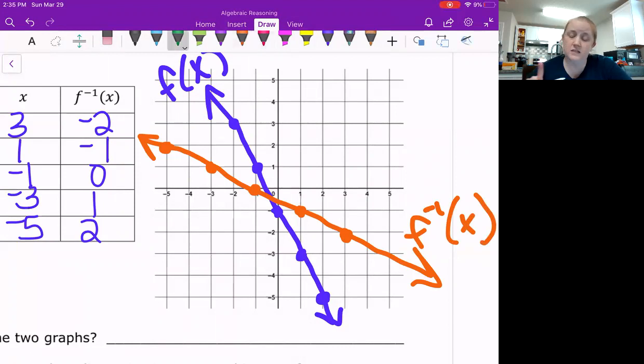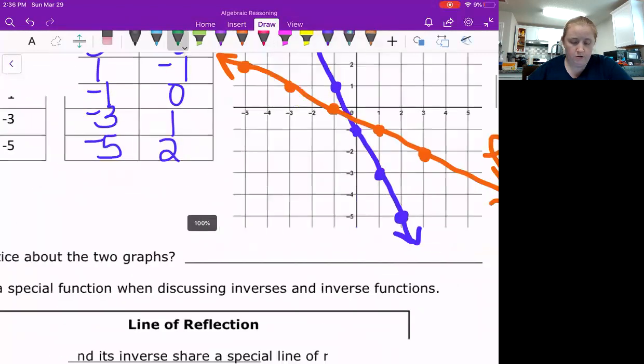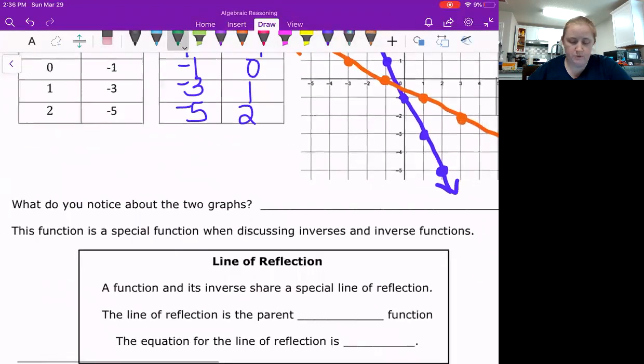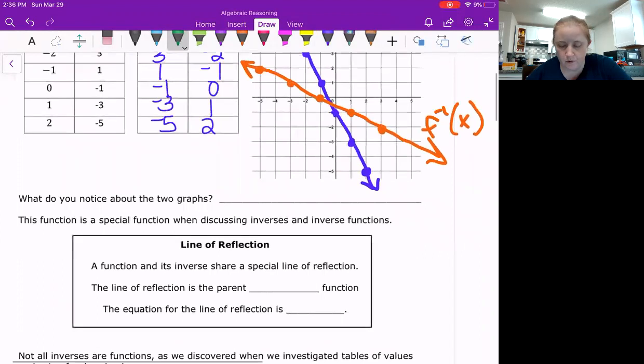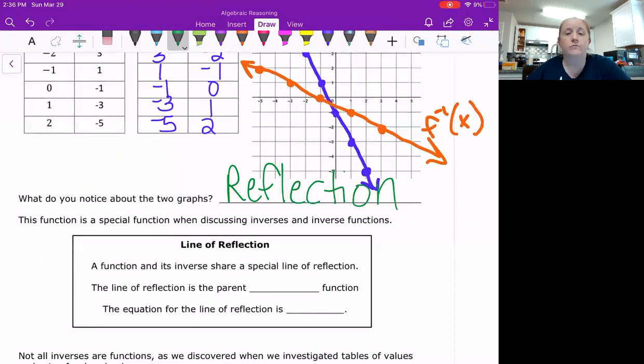One of the biggest things that I noticed right away is that they are a reflection of each other. This is a special function when we discuss inverses and specifically inverse functions.